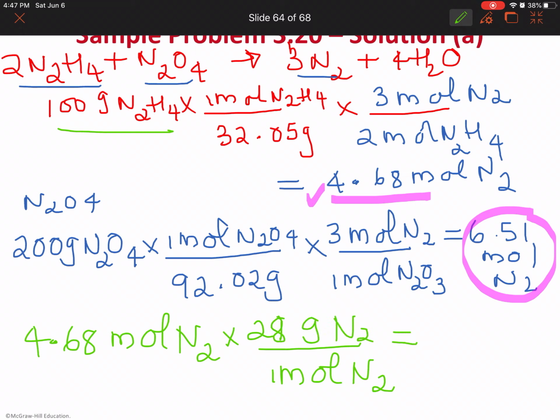That will give you the mass of nitrogen that can be formed from 4.68 moles of nitrogen, that is 131 grams nitrogen. So the limiting reactant is N2H4, because it gave you the fewest number of moles of nitrogen. Okay.